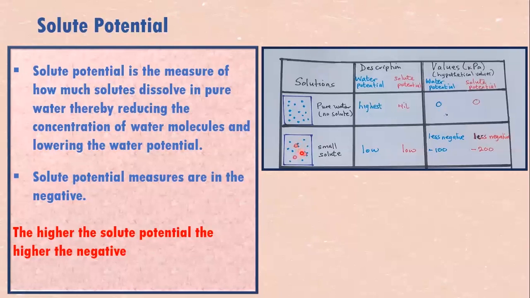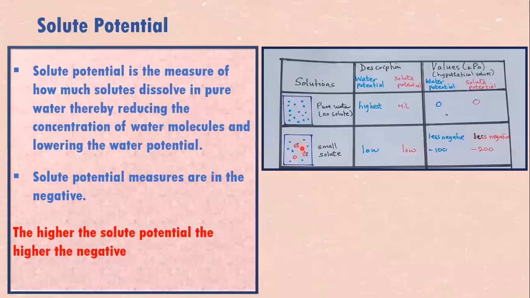So the measure with which solutes dissolve in pure water to reduce the concentration of the water molecules, reducing the water potential, is solute potential.